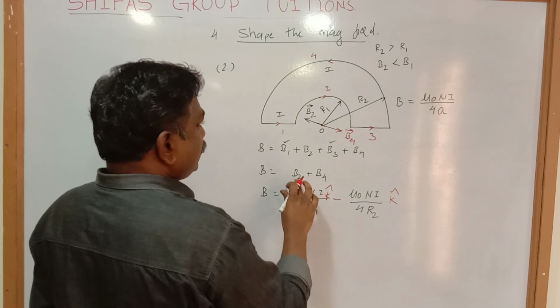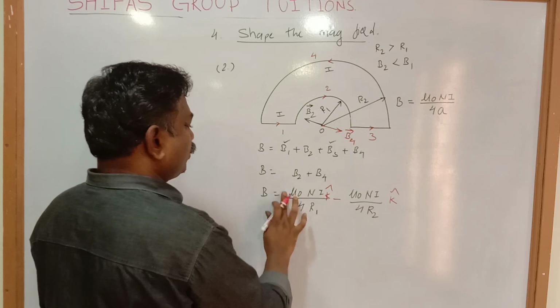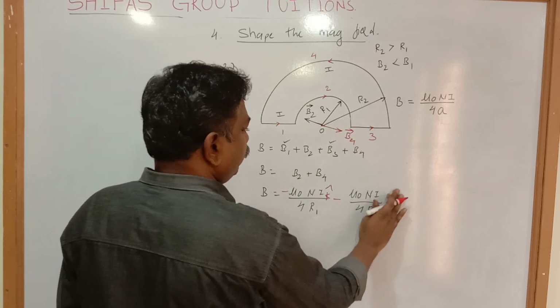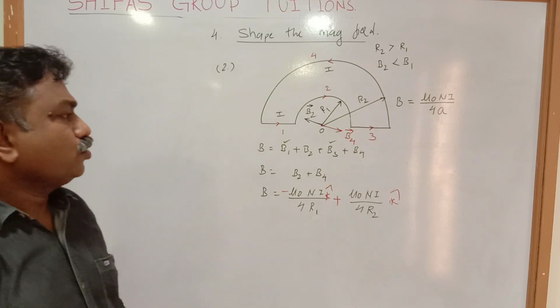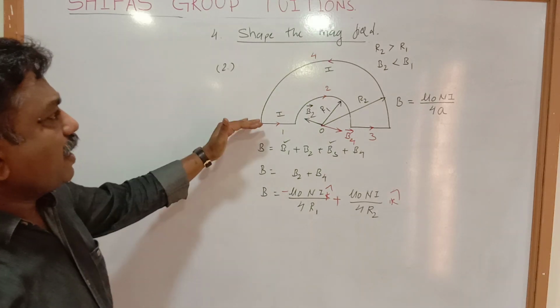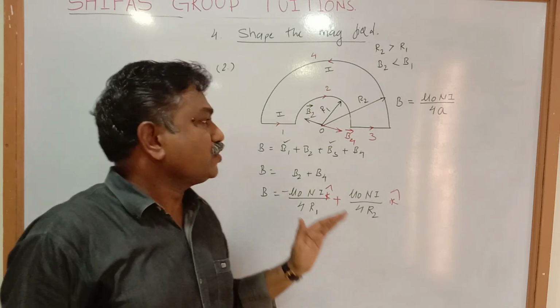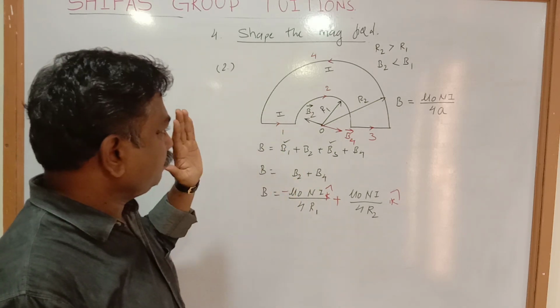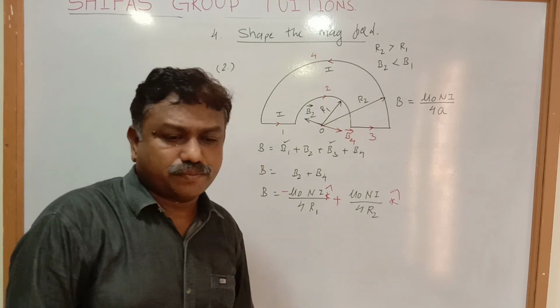So B2 will become minus, and B4 will become plus. So dear student, in this manner we have to consider the direction of magnetic field as well as the i, j, k vector resolution. Please note this down.